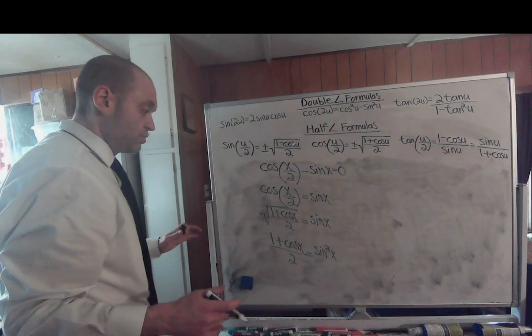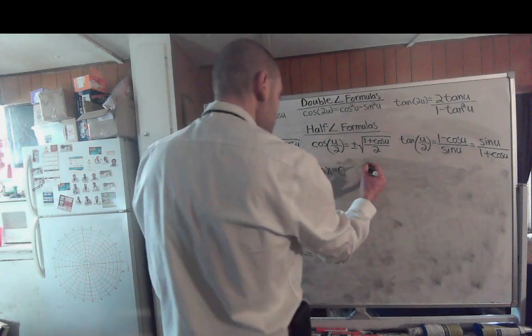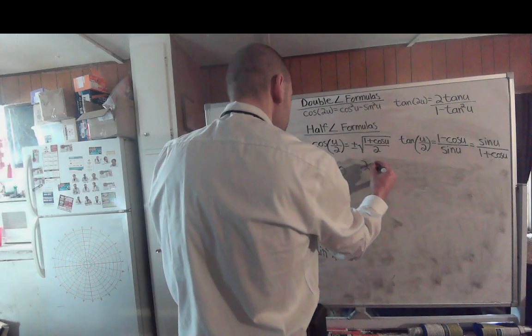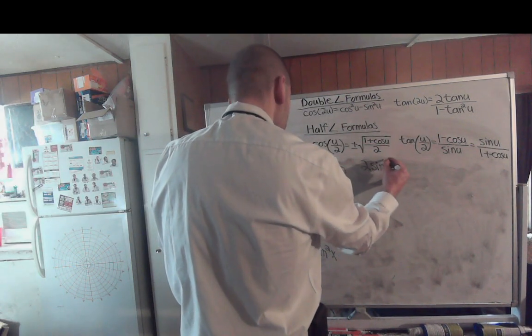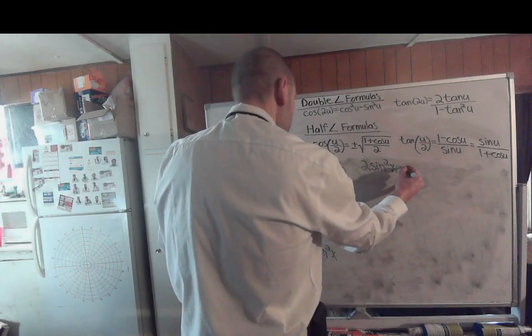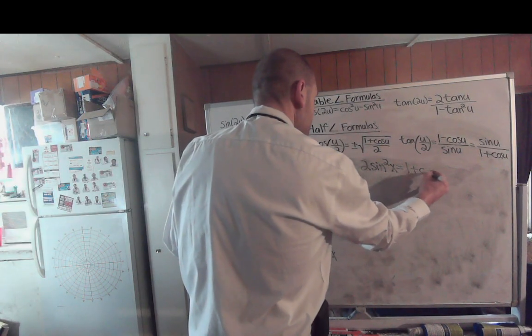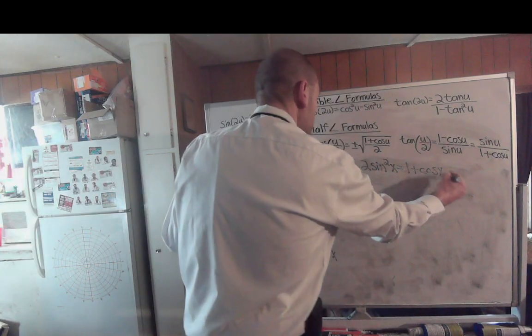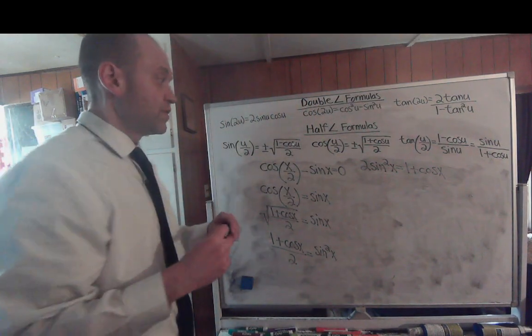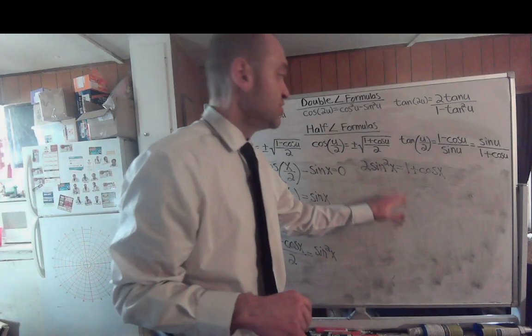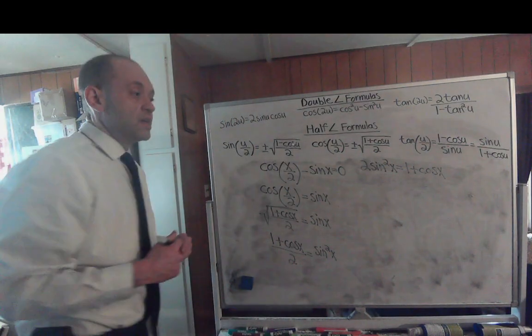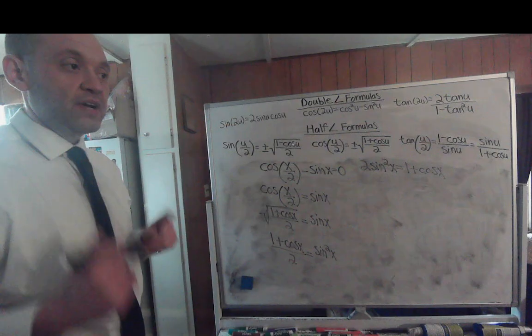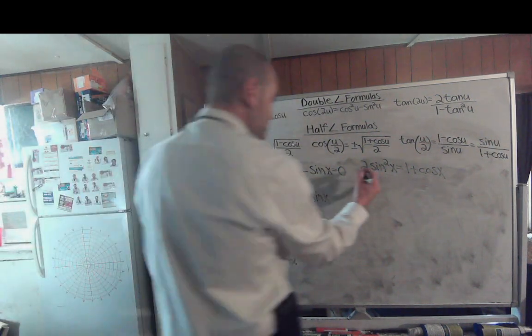Which now, what you're going to have is 2 sine squared of x equals 1 plus the cosine of x. Well, we should probably convert that sine squared of x into a cosine. So we know sine squared of x equals 1 minus cosine squared of x.